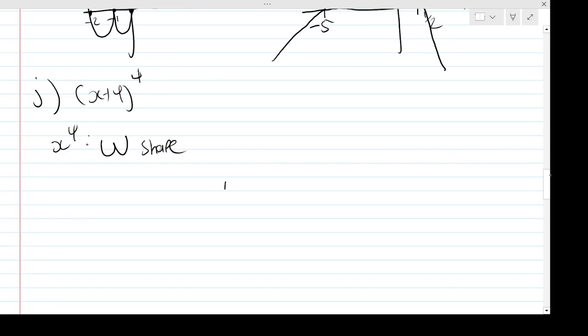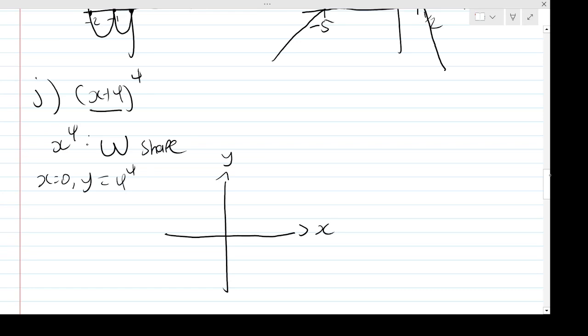Well then, if we draw our axes, let's find our y-intercept first. That's when x is 0. Y would be 4 to the 4, right, if we sub in x equals 0 here. But 4 to the 4 is going to be 256. So let's not do a massively long y-axis.